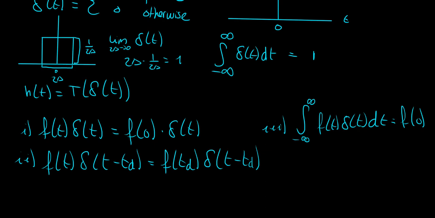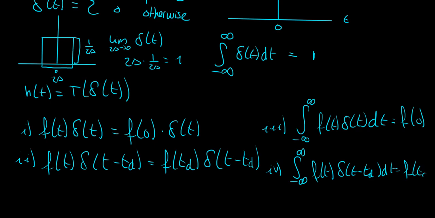It is what the function is at that point, f of 0. And with that, we also have the other definition: if we have shifted our delta function a little bit, this is just equal to the function at that specific value.